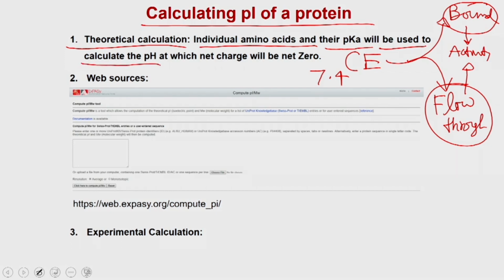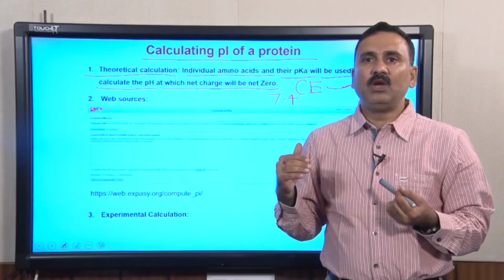By doing so you can calculate at which pH the protein has net charge 0, and that is the pI value. So, the theoretical calculation gives you a rough idea of the pI value. It may not be very precise, but it is good enough to run the cation exchange chromatography or the anion exchange chromatography.